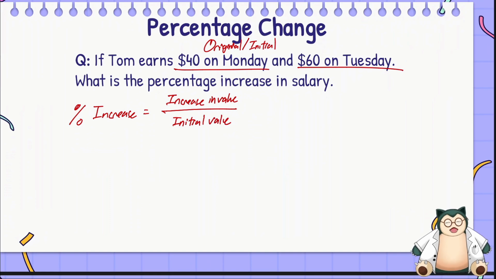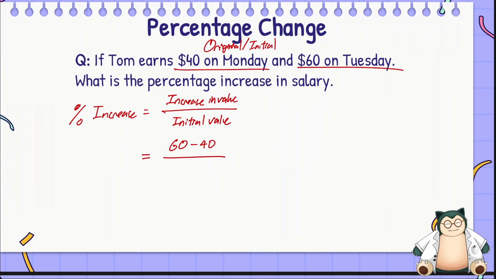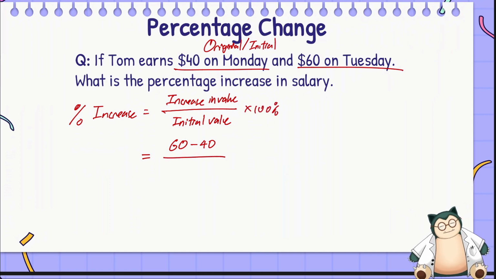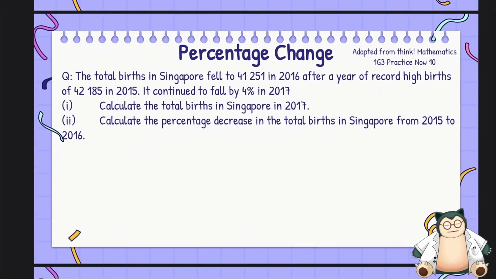He earns $60 on Tuesday and $40 on Monday, so the increase in value is 60 minus 40. The initial value is Monday's $40, and we multiply this whole fraction by 100%. This gives us 20 over 40 multiplied by 100%, which is a 50% increase. Is that clear, everyone?